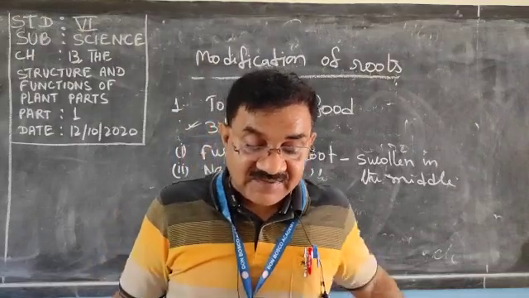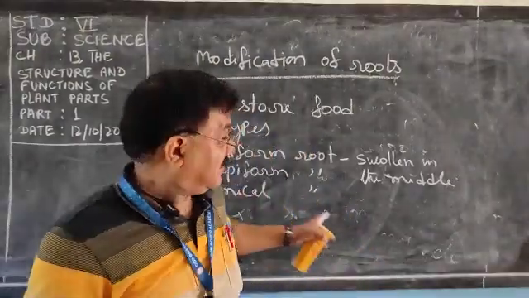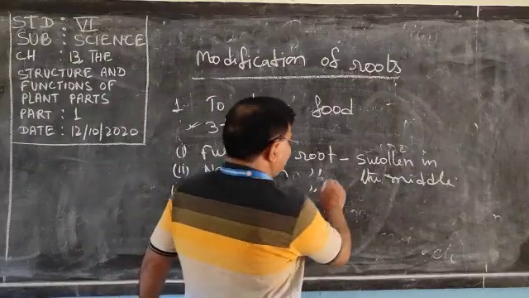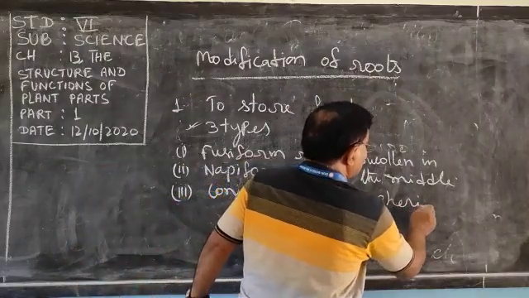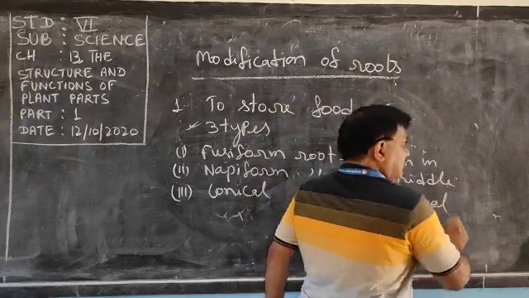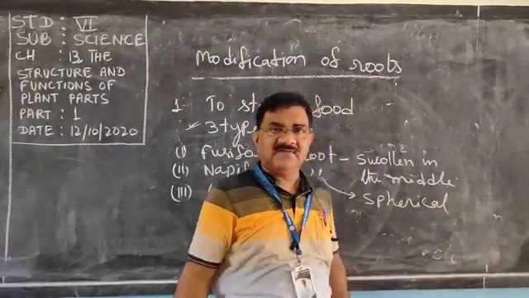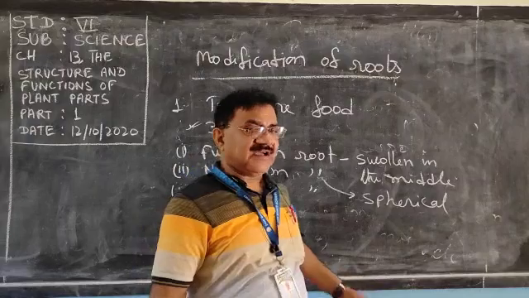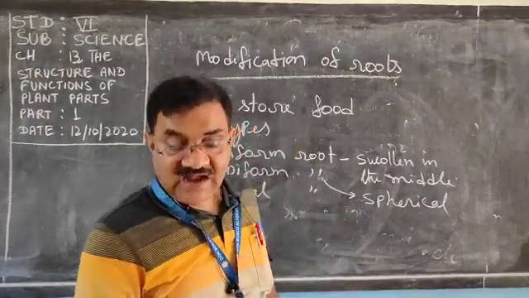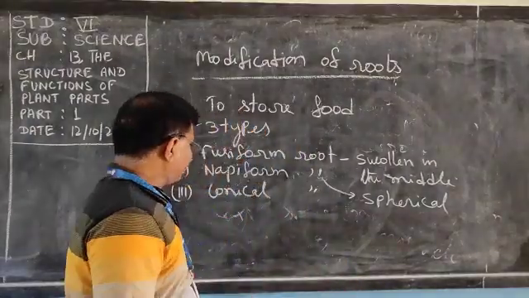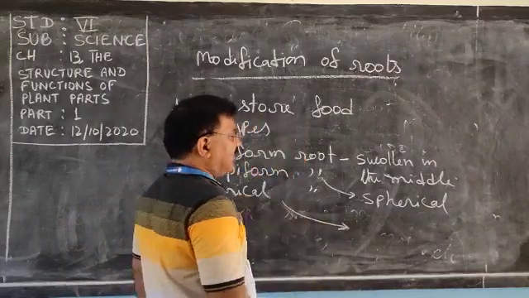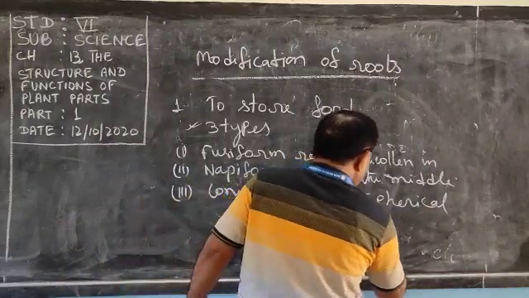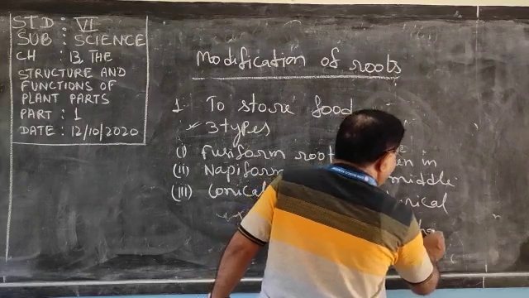In napiform, the primary root becomes spherical, as in turnip. And the other is conical, where the root becomes cone shaped, as in carrot.